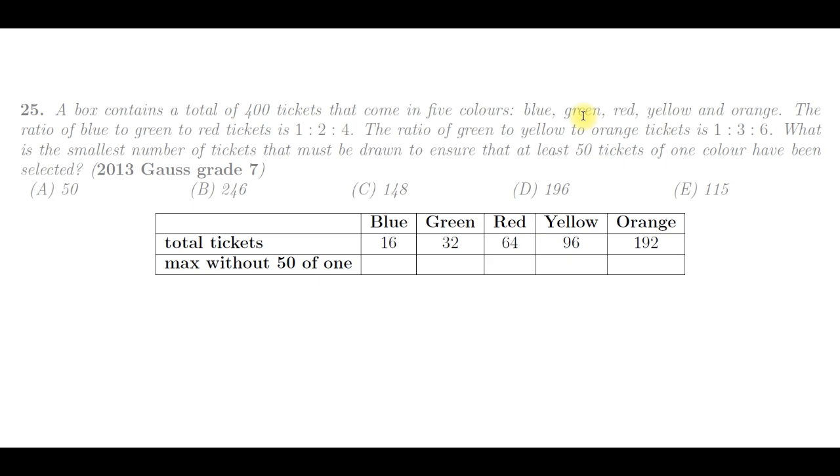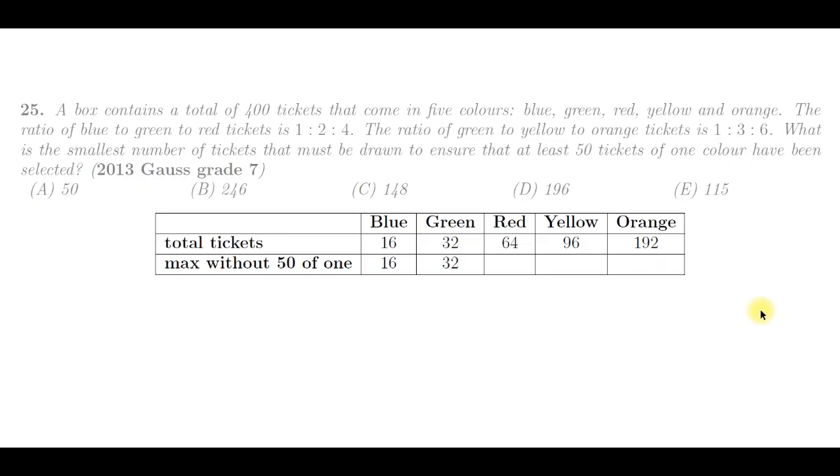Now, if we pick all the tickets, for sure we're going to have 50 of a type because we know that we've got more than 50 of some of them. But if we want to guarantee it, we kind of have to look at the worst case scenario. So if I go through here and I say, well, how many can I pick so that I don't get 50 of each type, and do the max of that. So if I go through it one at a time, if I look at the blues, I can actually pick all the blues and not get 50 because I don't have 50 blues.